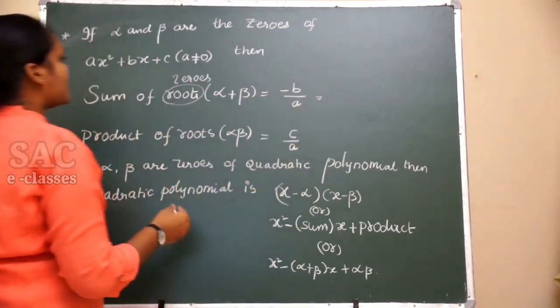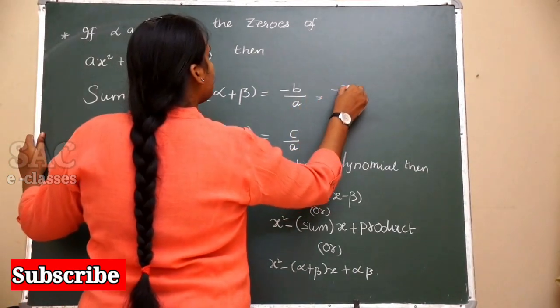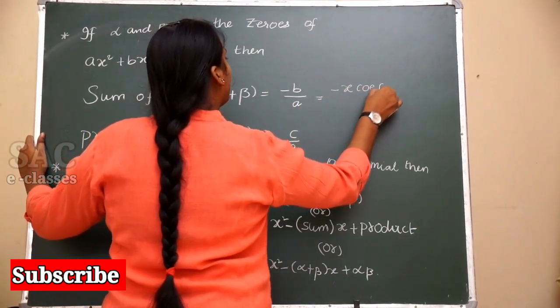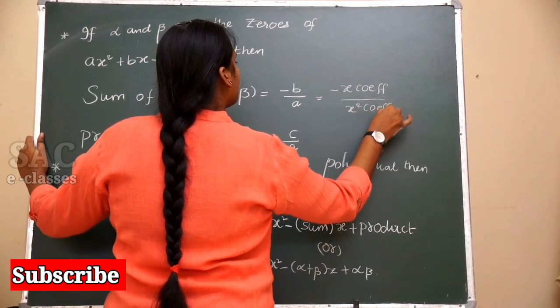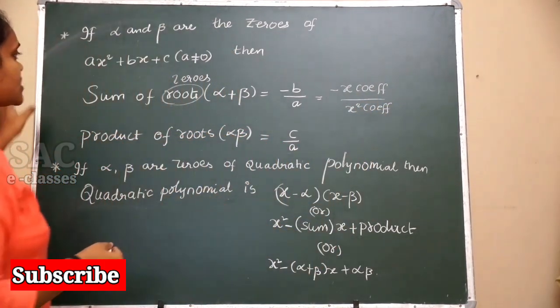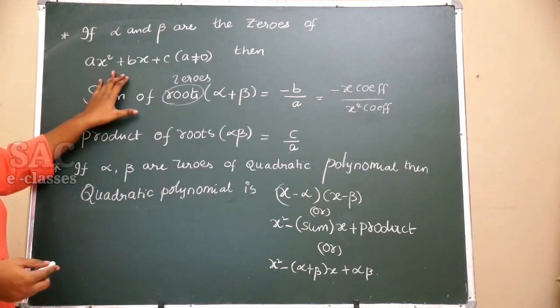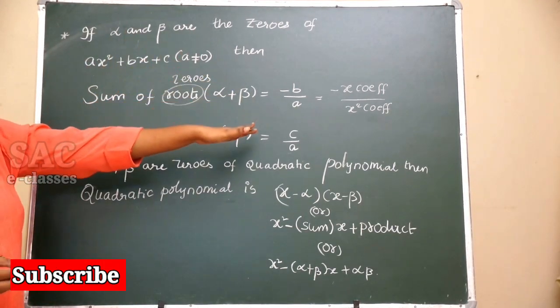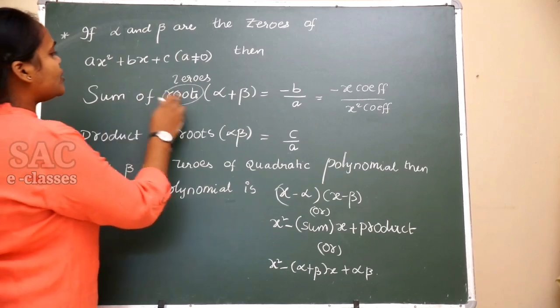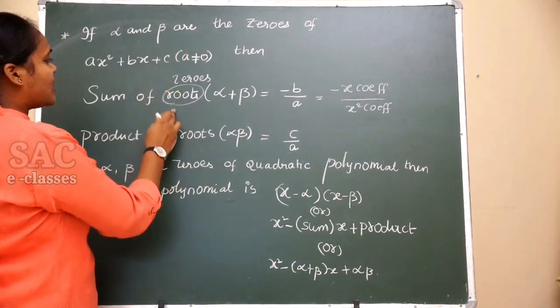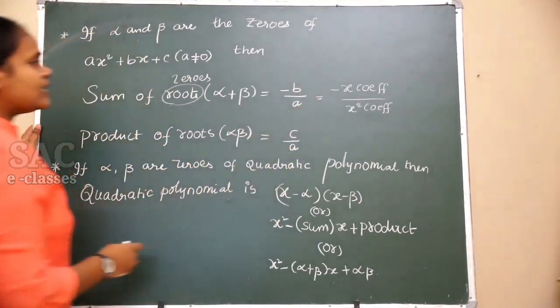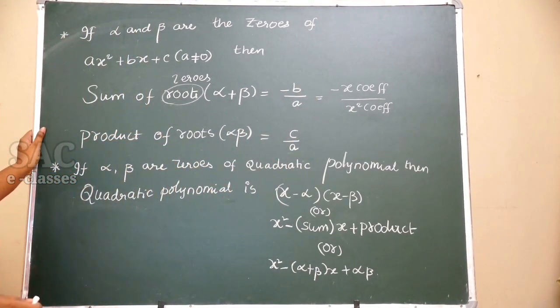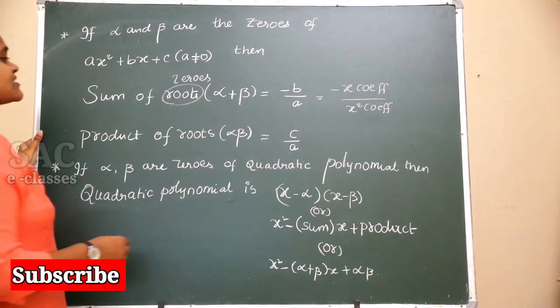Here minus b by a means minus x coefficient by x square coefficient. So the relation between the zeros of the quadratic polynomial and the coefficients is that the sum of the zeros, alpha plus beta, will be minus b by a. Here b stands for the x coefficient, a stands for the x square coefficient.